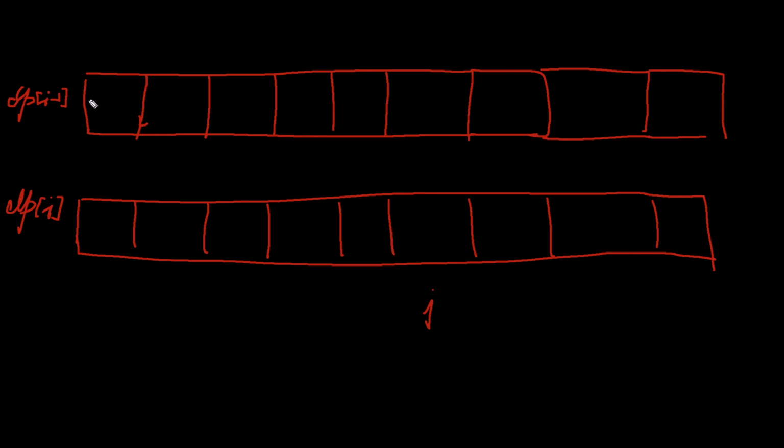Okay, so we have what? Let's call this one P0, right? So this is actually the DP, so let's call it D0, D1, D2, D3, D4, and D5, right?